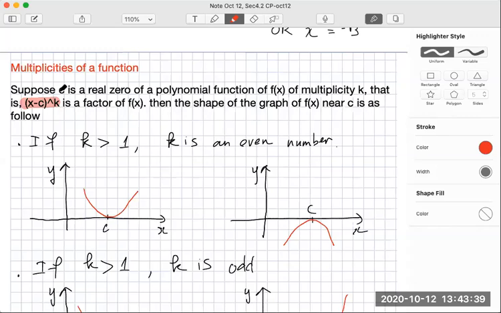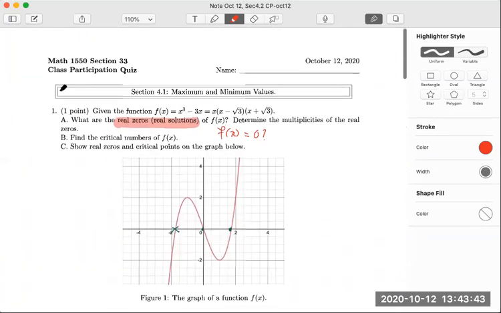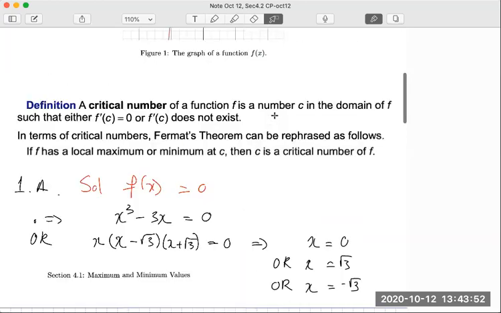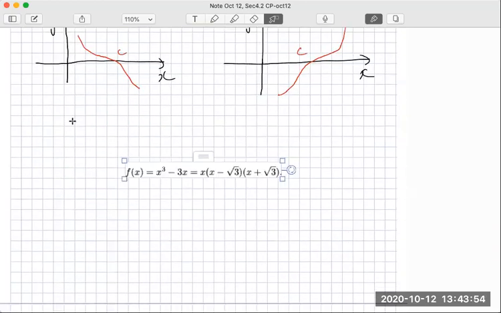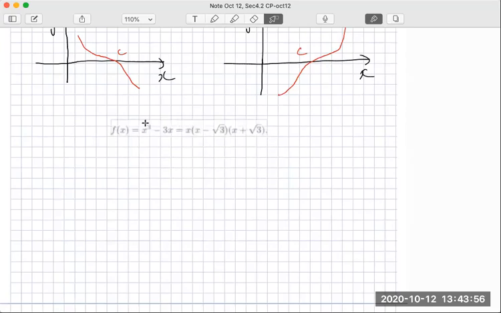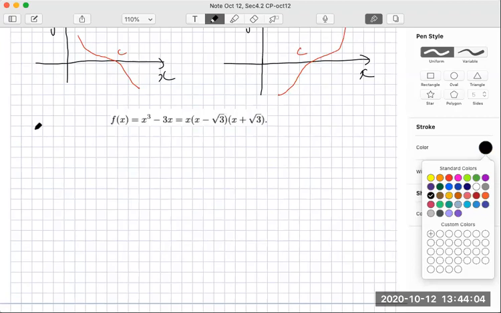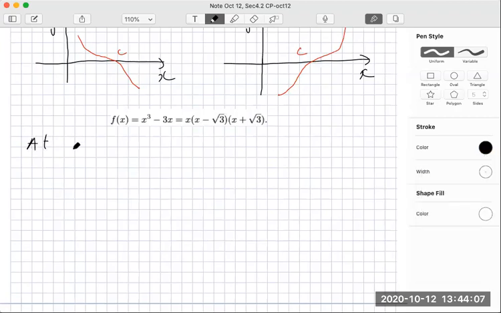Okay? In our case, now let us look at the function f of x here. So what is the multiplicity of x when x is equal to 0? Very good.